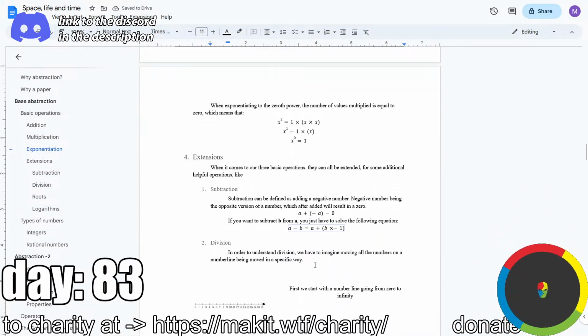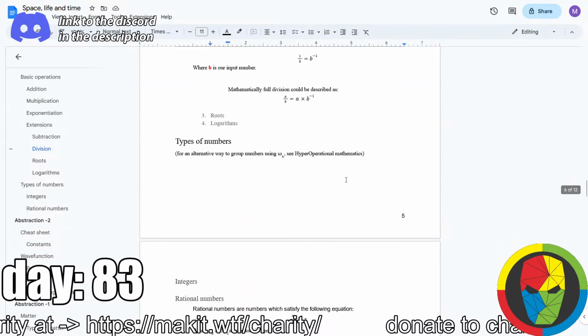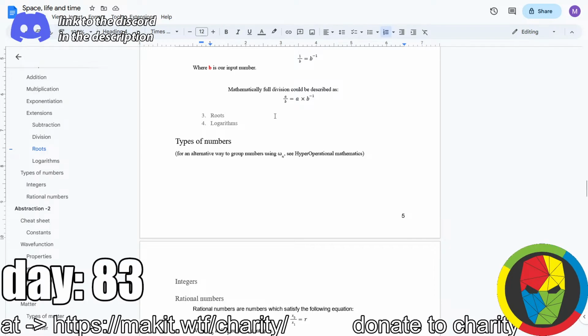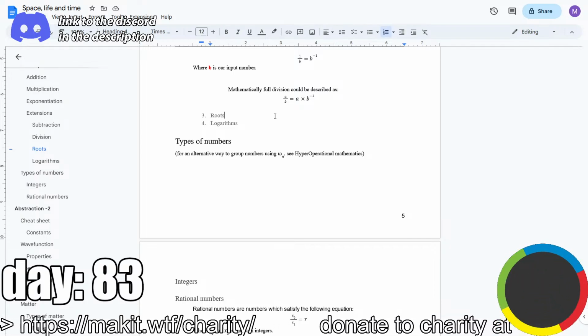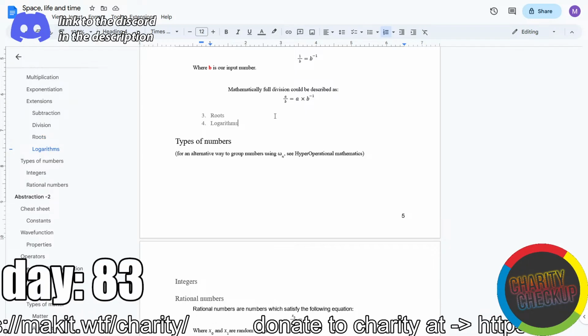Great. So you have subtraction, division. And the only problem is roots and logarithms. Well, roots and logarithms are a bit more annoying, but logarithms aren't actually. Logarithms are unbelievably easy to explain.